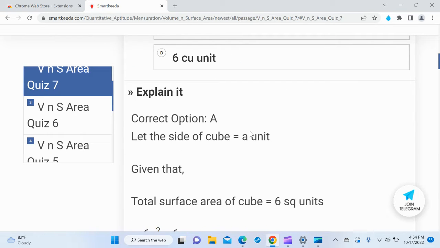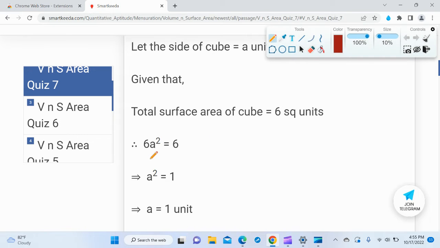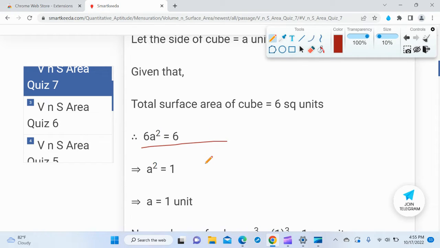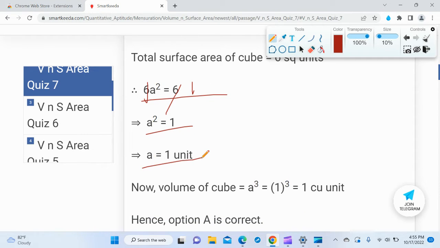So 6a square is equal to 6, and a square equals 1, because 6 and 6 cancel, it will be 1, and then a square equals 1 and a is equal to 1.